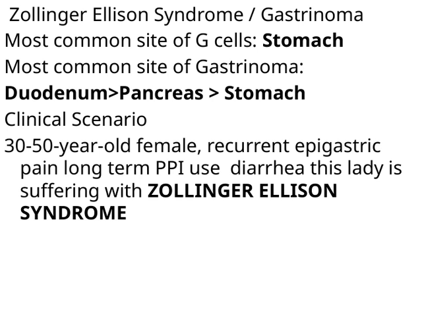Understanding these key points helps us recognize the importance of considering gastrinoma in patients with persistent gastric symptoms and atypical responses to standard treatments. It highlights the significance of location and clinical presentation in diagnosing this syndrome accurately.